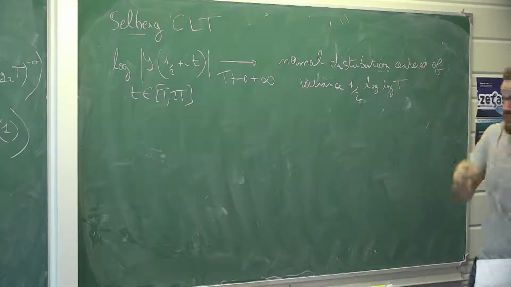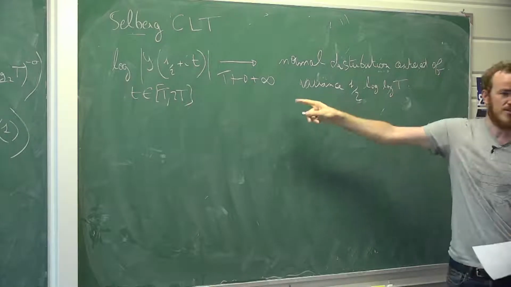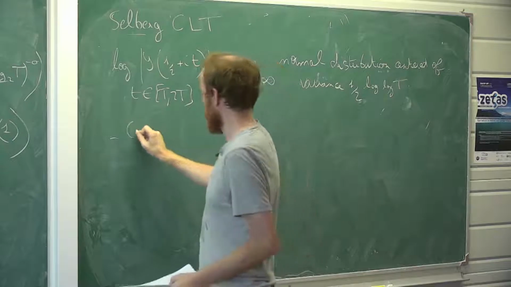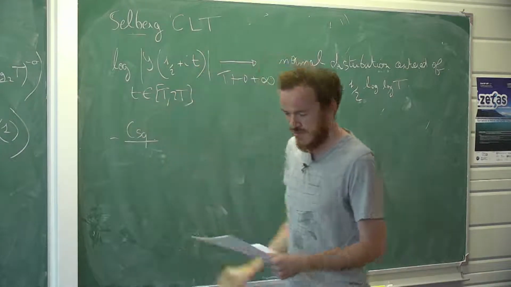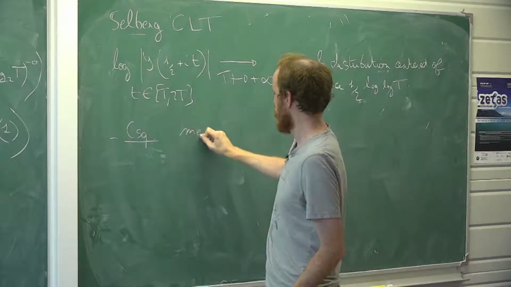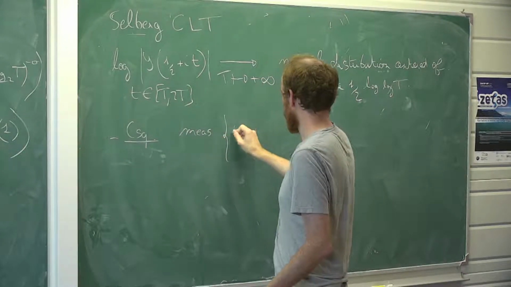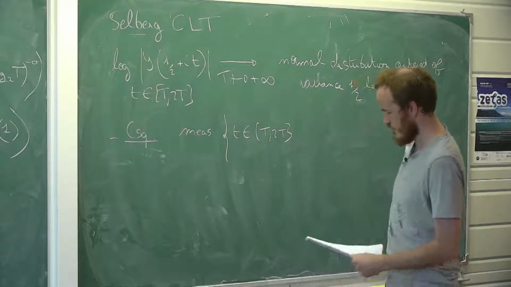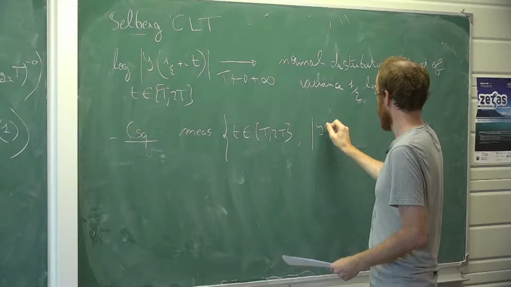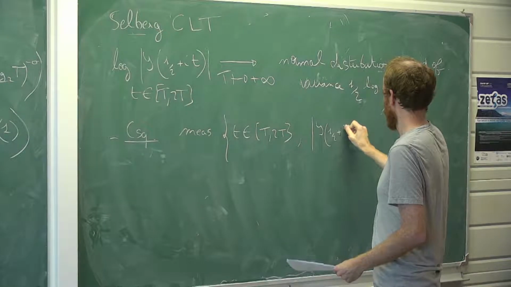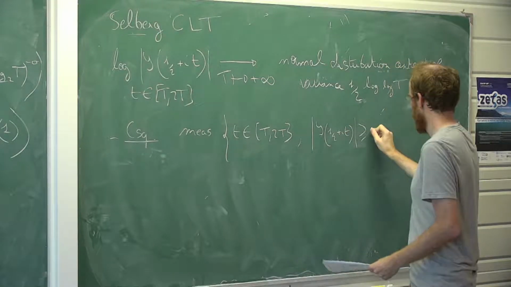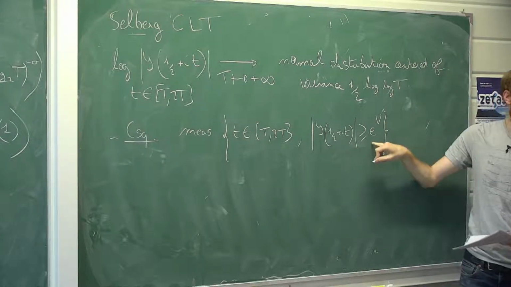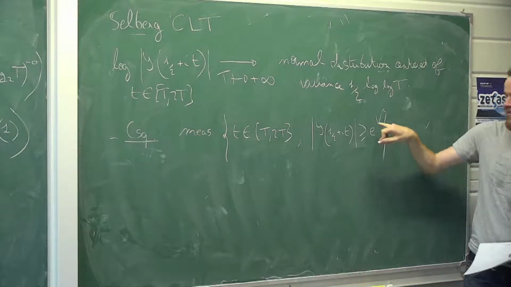So what does it say? It says that we have information on the distribution function. Some consequence or rewriting of this is that we have access to the measure of the t such that, for instance, this zeta function exceeds a specific value when I fix some v.